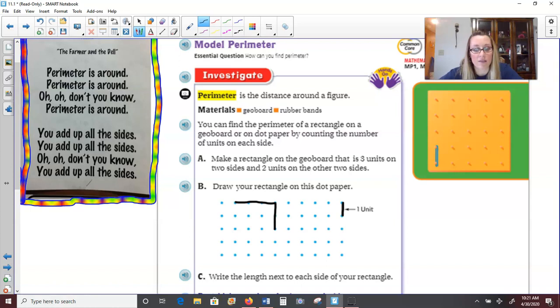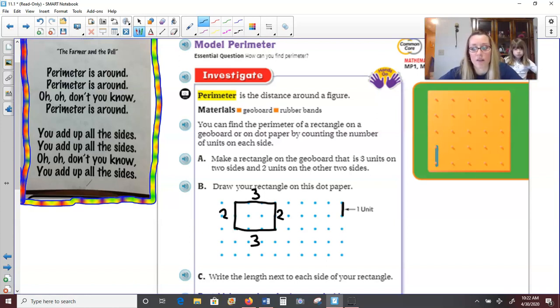Because this is a rectangle, I need to go 3 units across for the bottom, and then 2 units down the other side to complete my rectangle. So we have 3 units, 2 units, 3 units, and then 2 units.